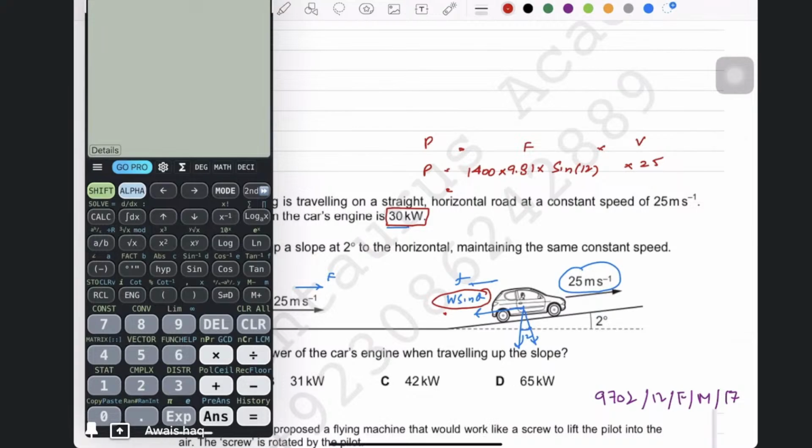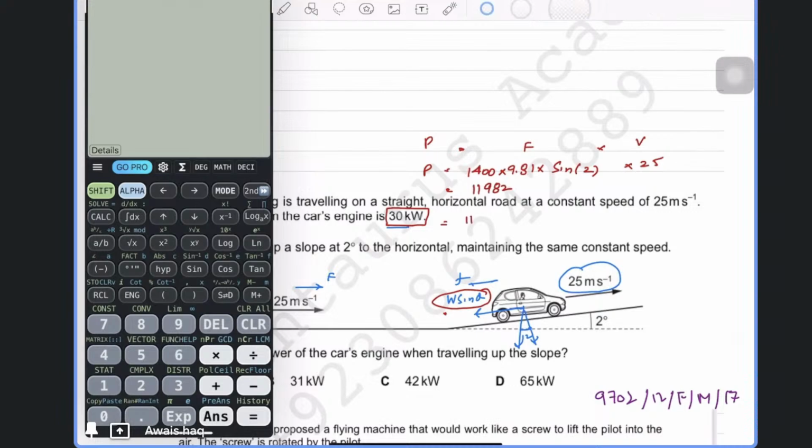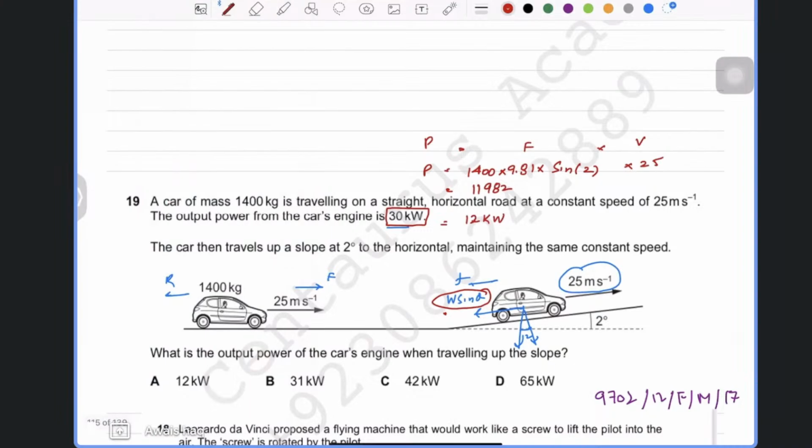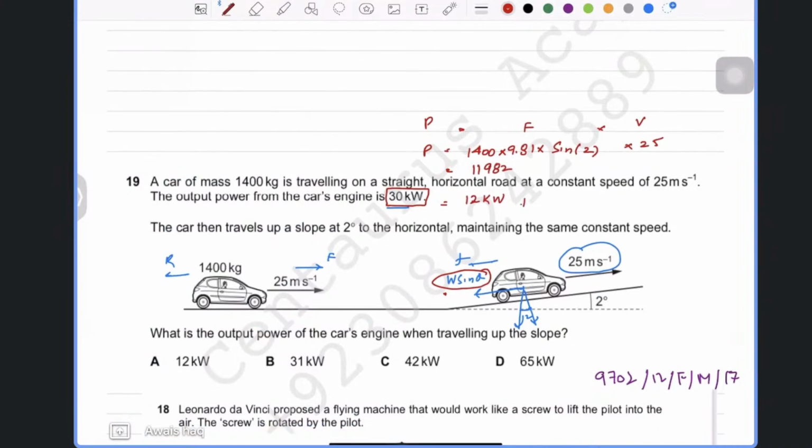This becomes 11,982, which is essentially 12 kilowatts. So 12,000 watts for taking it against gravity, plus 30 kilowatts for doing work against friction. The total is going to be 42 kilowatts. So that has to be C.